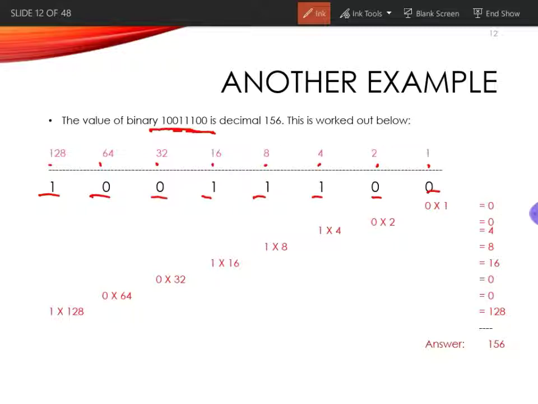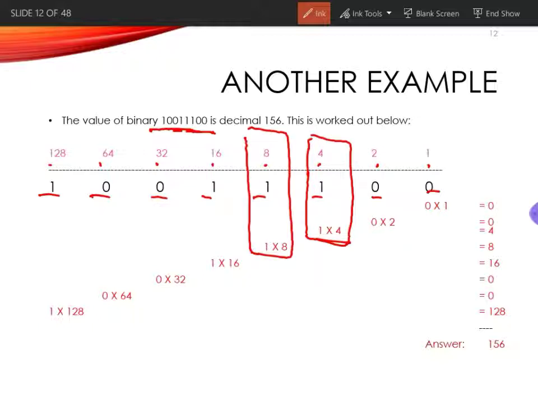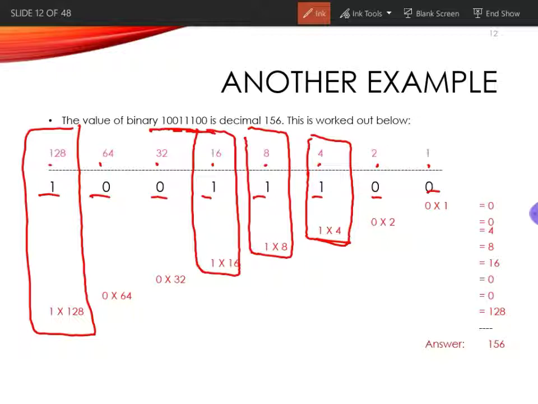And next, we take the ones which have the 1 bit. So the decimal of this binary would be 4 plus 8 plus 16 plus 128, which equals 156.